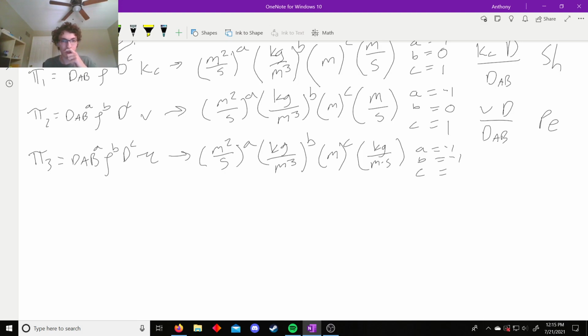And we're going to do the same thing that we did in the first one for the meters. Here we have 1 over meters squared. Here we have meters cubed on top. Here we have meters to some power. And here we have 1 over meters.